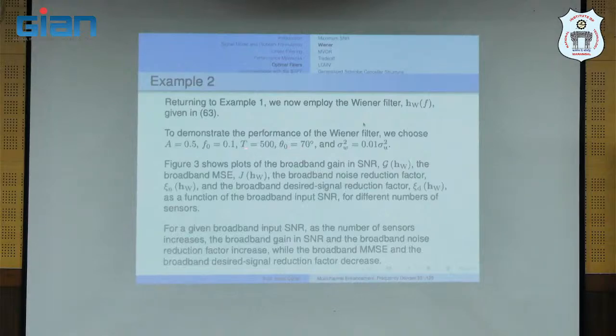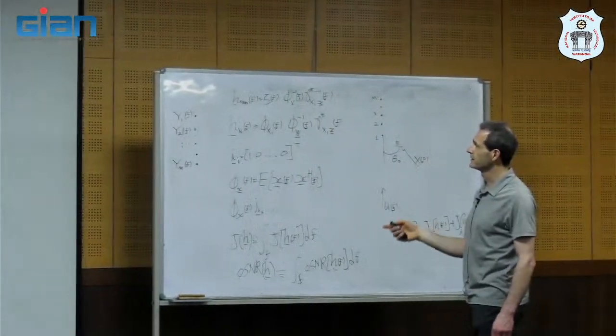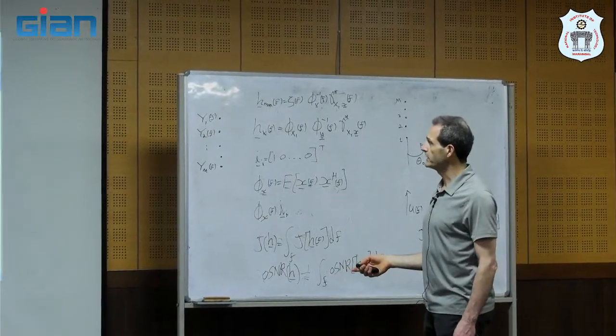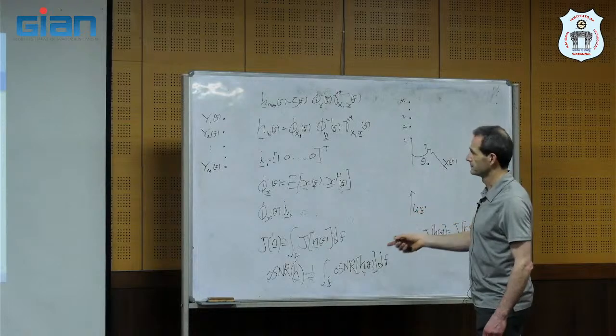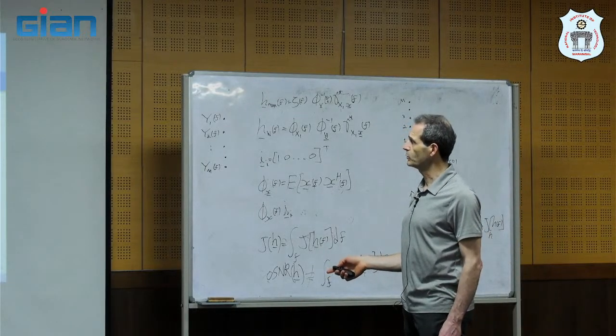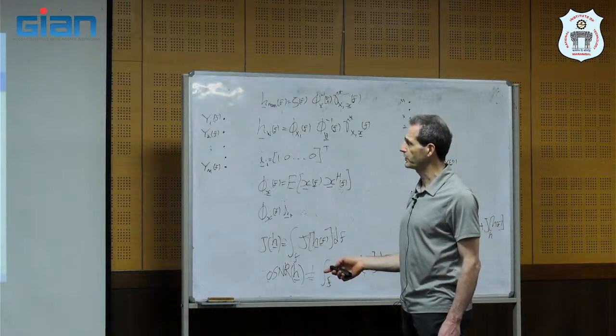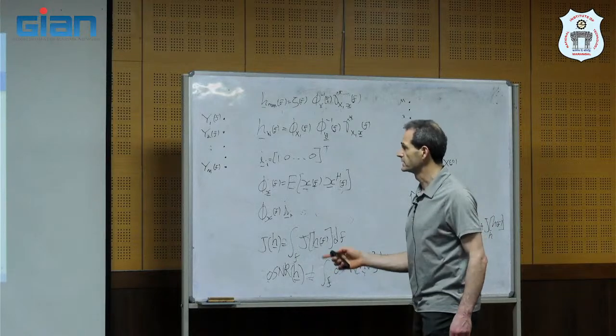And theta 0 is 70 degrees, which means that it comes from 70 degrees compared to the array. And the noise comes from the endfire, from this direction. And the thermal noise is very small. It's only 1%. The power of the thermal noise is only 1% compared to the directional noise.